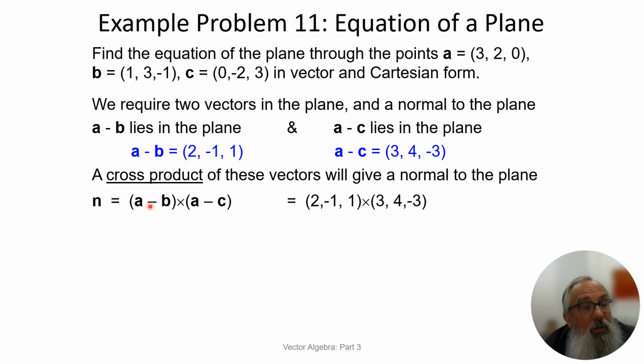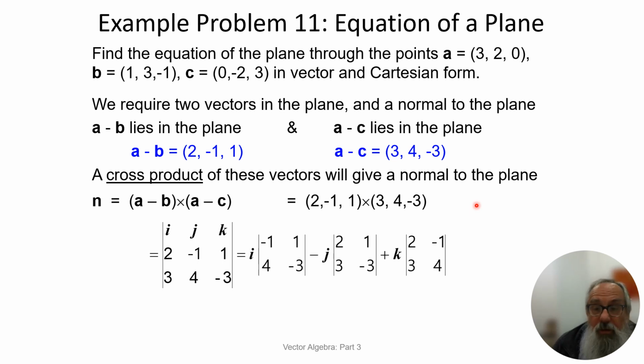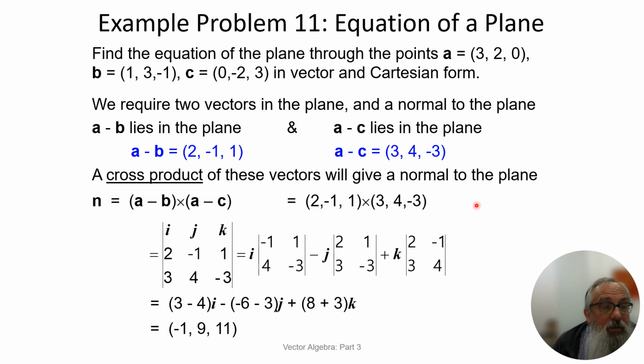So first finger and second finger are A minus B and A minus C respectively in this case, and the normal will be the thumb. So we just do the cross product, and I'm expanding it here using the determinant form to give this vector. So that vector is normal to the plane.